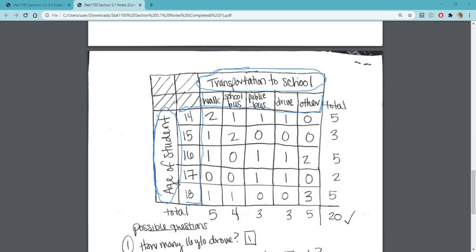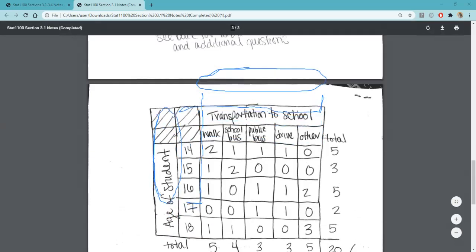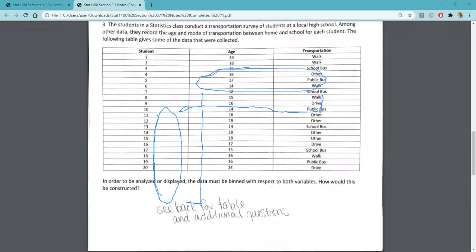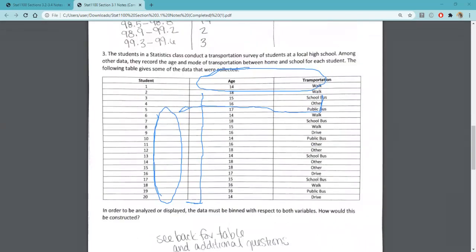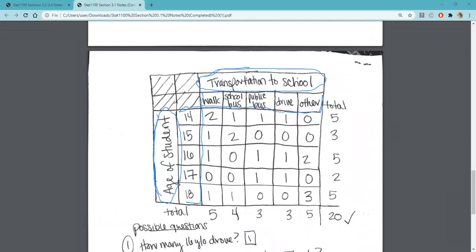To fill that table out then, I went back up. I'm going to scroll up, but it's going to keep my writing, but I just want to show really quickly. I went up and I said, okay, well, for example, this student, this first one, who is 14 and walked to school, would then go in this square right here.